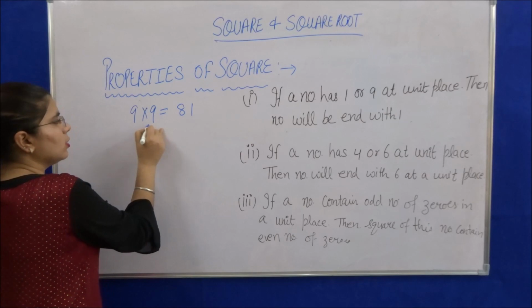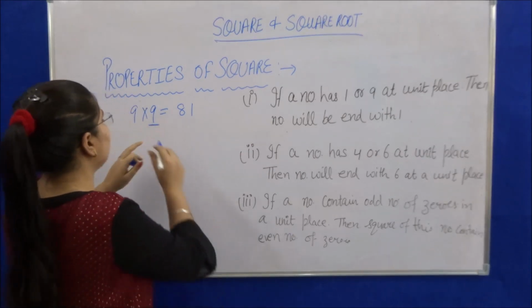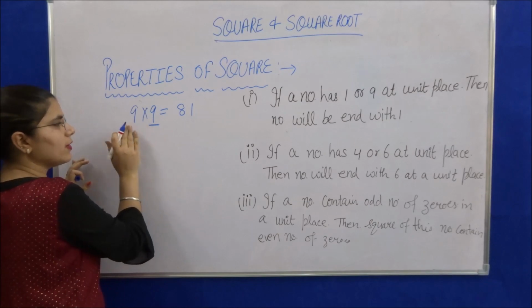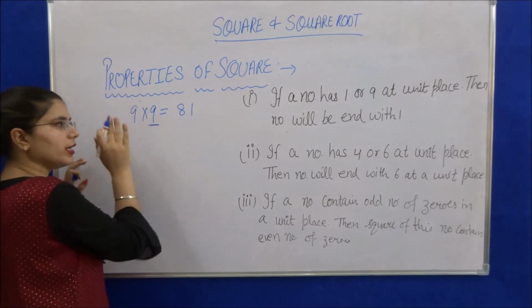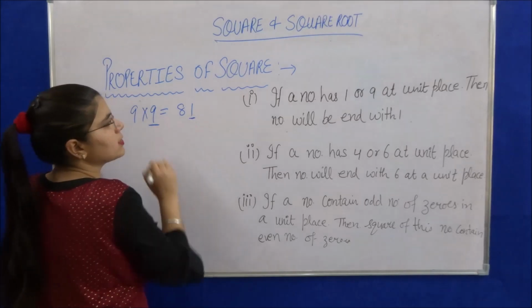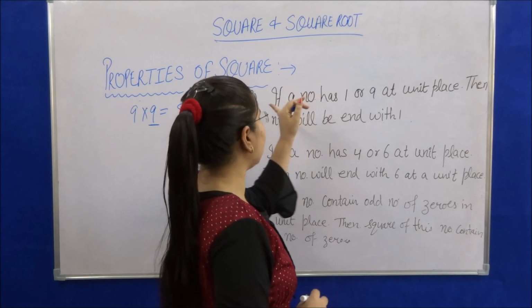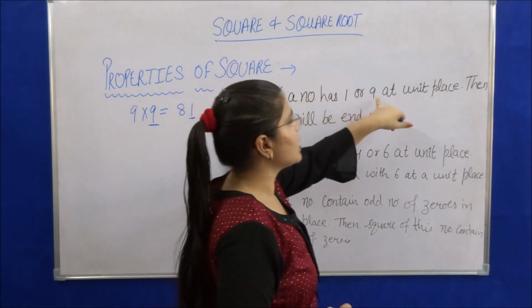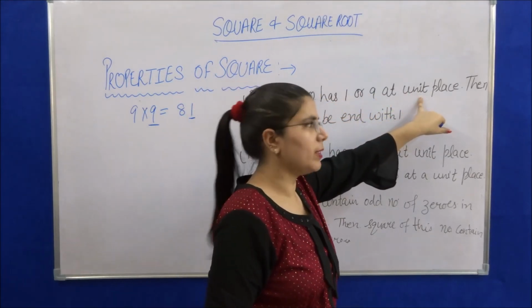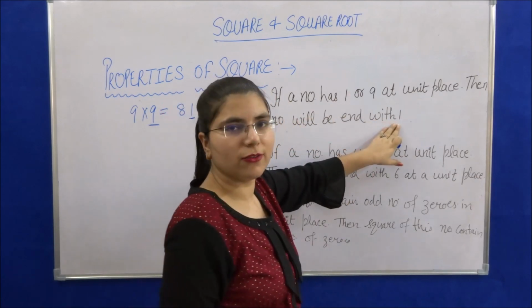So, in this, at a unit place, 9 is present. But when we square this number, that is when we multiply this number with itself, we get 81. So, here at a unit place, 1 is present. So, our property also explains, if a number has 1 or 9 at a unit place, then the square of that number will end with 1.